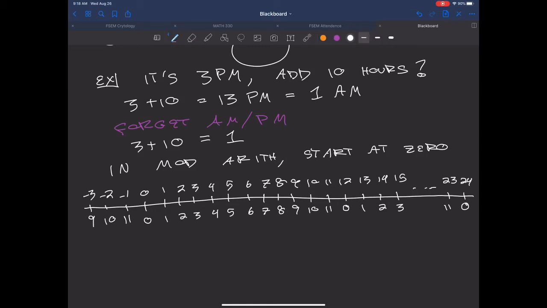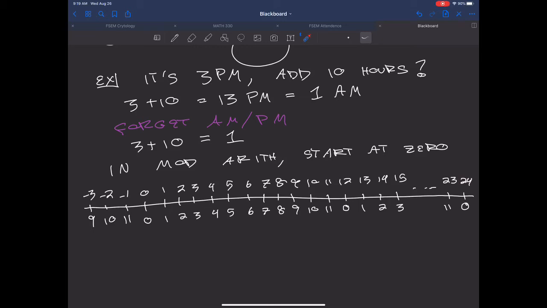And then I get 9. So what this means is that negative 1 is the same thing as 11 when I'm working in this wraparound way, and negative 2 is the same thing as 10. All right, and 14 is the same thing as 2, and 23 is the same thing as 11, and 24 is the same thing as 0.